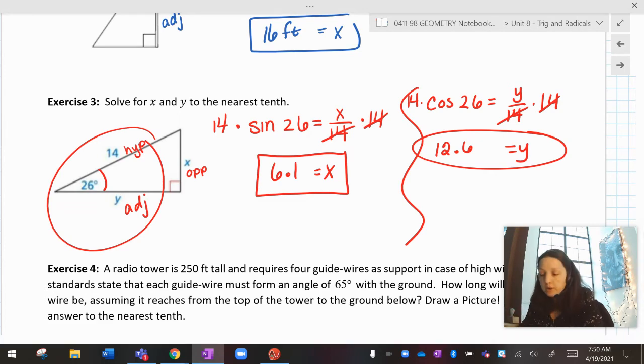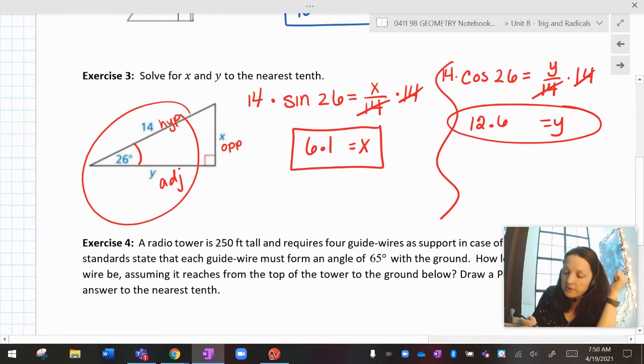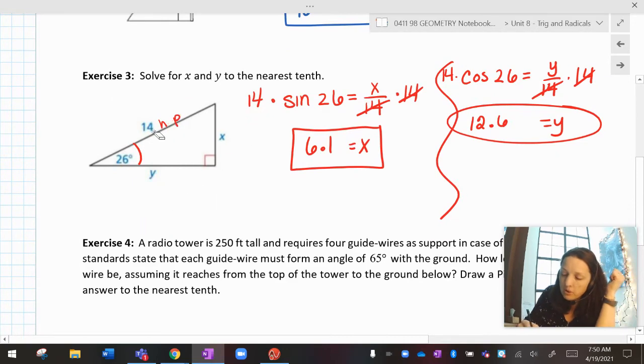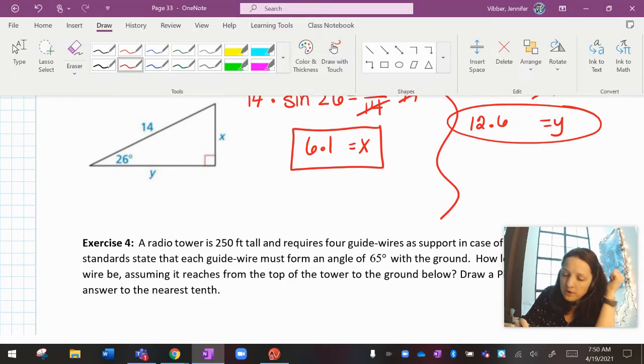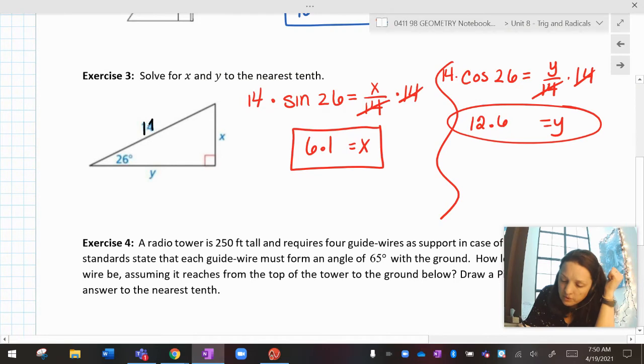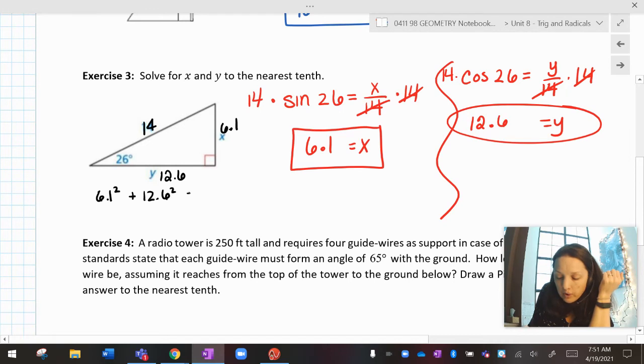Now, one thing we can do to check our answers, just to tie all this up in a nice, neat bow, is say, well, you know what I just found? I just found out that this is 14, because they told me, y was 12.6, and x was 6.1. If that's correct, then a squared plus b squared should equal c squared.